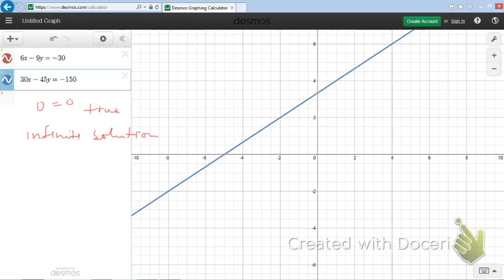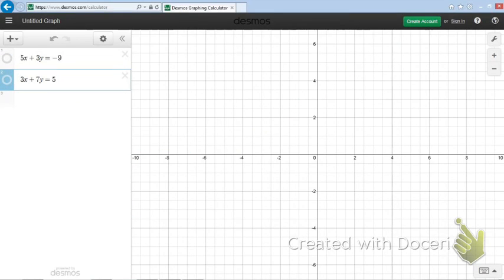Now let's say our variables were eliminated and we got something in the end that looked like this, 0 equals 3. Well, that's a false statement. We know that that's not true. And when you get a false statement, that's no solution. But in the case of this particular problem, the lines overlap, and so we have infinite solutions.